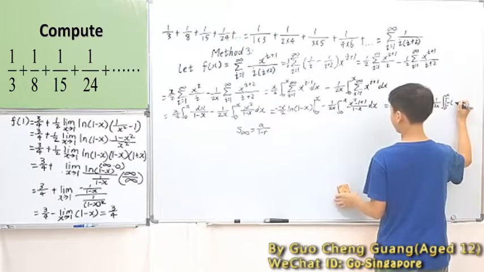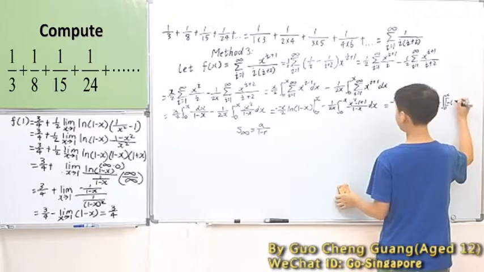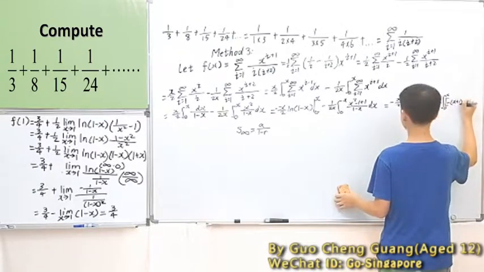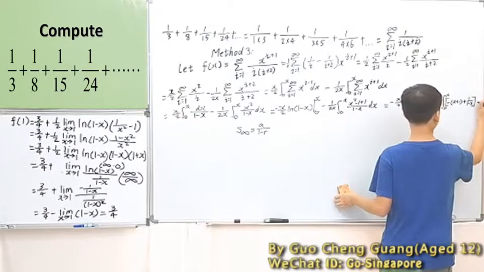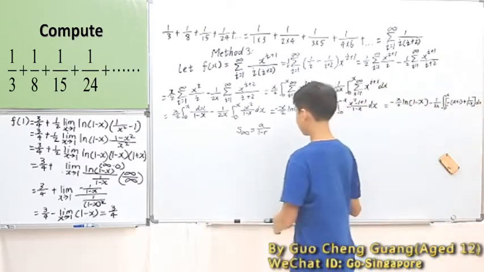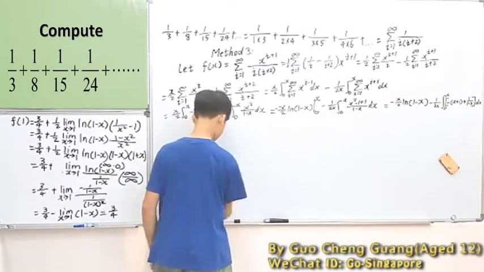So for this part, now what happens? You have x plus 1, then plus 1 over 1 minus x dx. So this part you don't need.